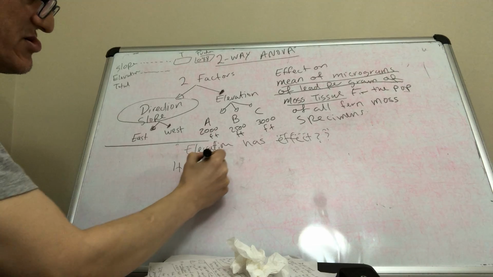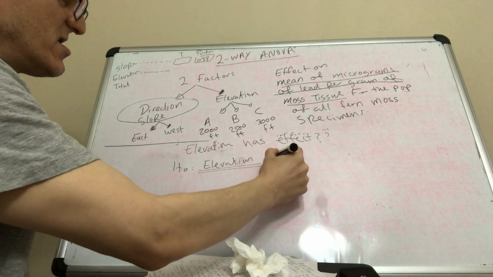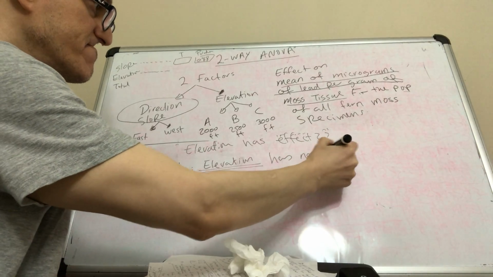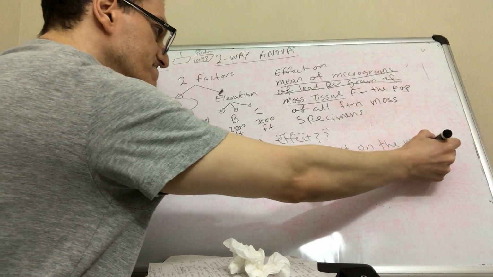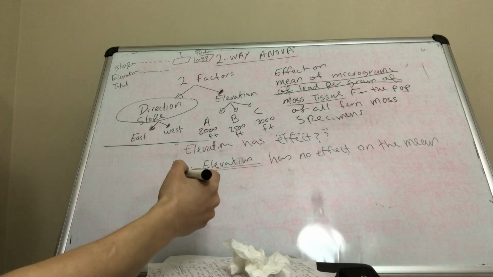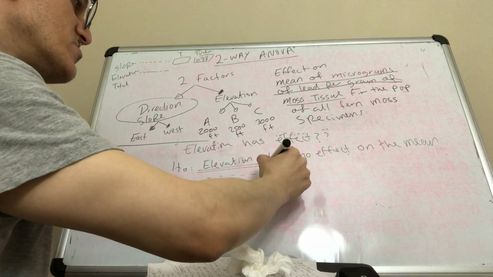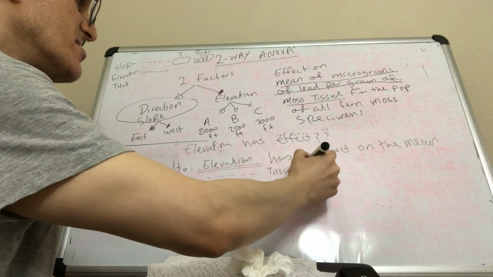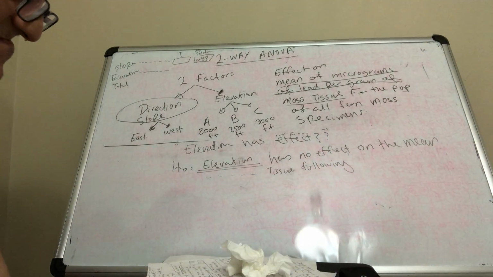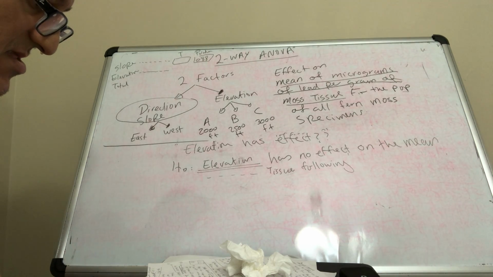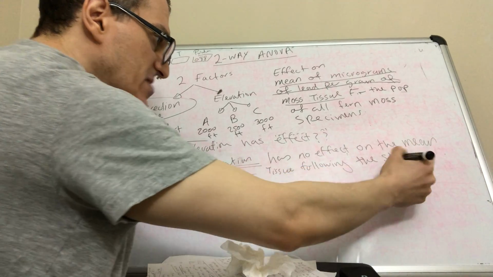In H0, you start with the name of the factor. Elevation has no effect on the mean of all of this till the word tissue, following the slopes, which is factor 2.